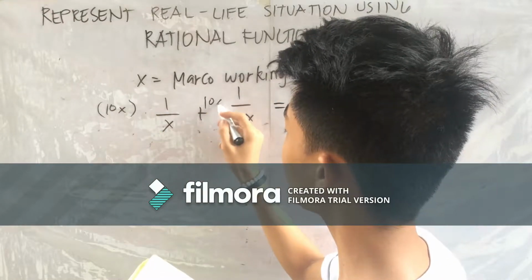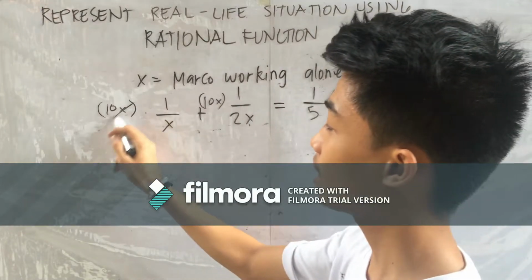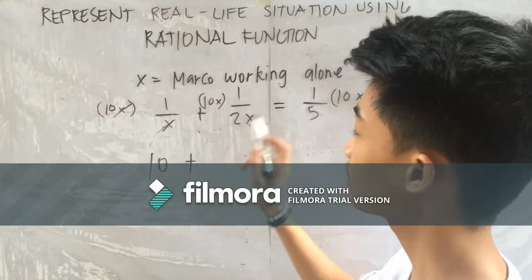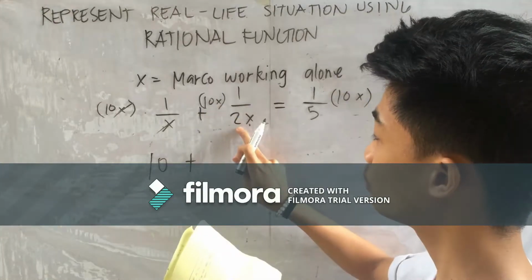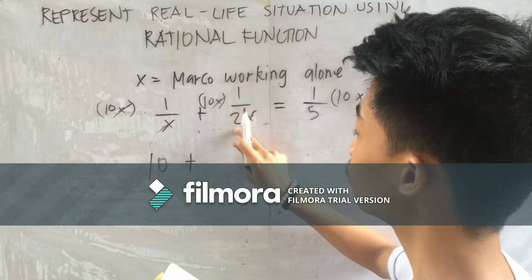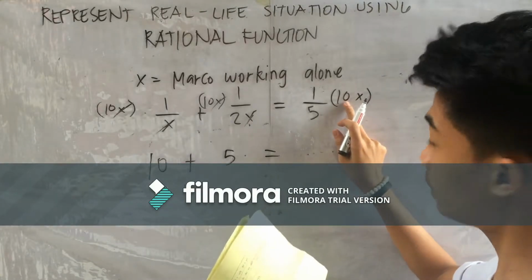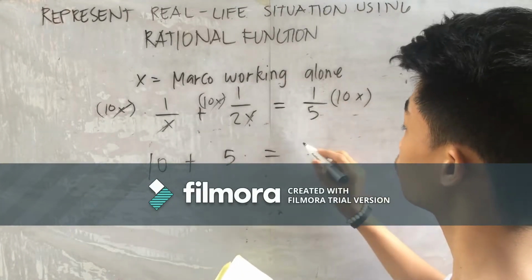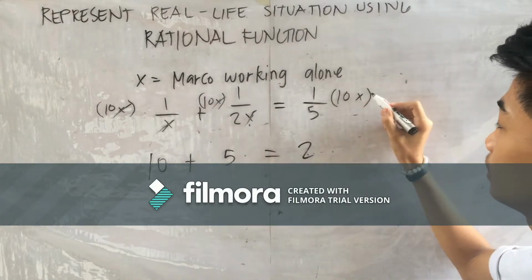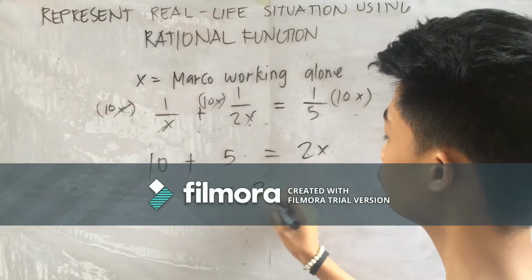We will multiply the 10x to all denominators. Cancel. 10 divided by 2 is 5 times 1 is 5, plus 10 divided by 5 is 2. So di mo to pwede ma-cancel kasi wala naman siyang x. So 2x. Combine, 15 is equal to 2x.